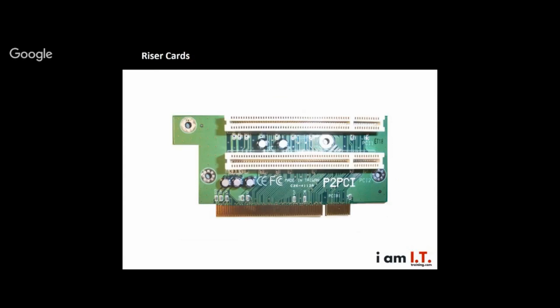For those of you who used to run out of USB ports on your computer, you probably got a USB port hub where you can connect one of them into your computer as far as a USB, but then that device would allow you to plug multiple USBs into it. So this is an expansion slot for your motherboard. So you can actually put in more than one expansion card and have it run through one slot on your motherboard.